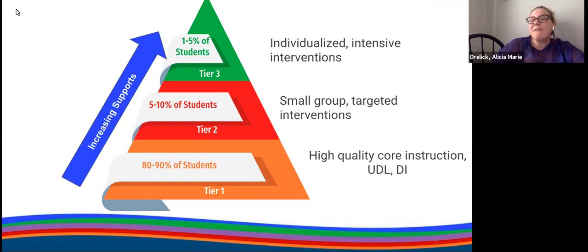From there, about 5 to 10% of students may need some small group and targeted interventions in order to help them master skills and demonstrate their knowledge. Then moving up to our tier 3 supports, generally this is 1 to 5% of students who may need individualized or more intensive interventions in order to meet a certain standard or master skills.